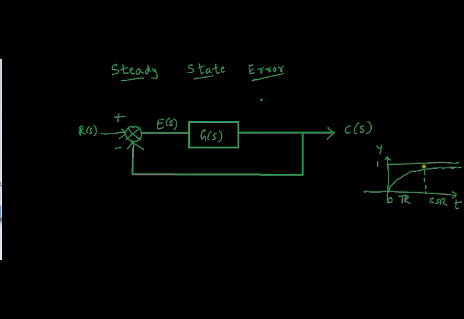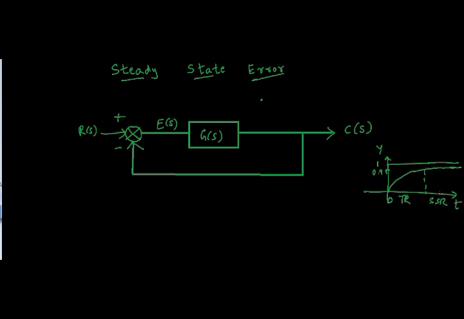However, it is not reaching the exact value of input. Say input is 1, however my steady state response graph shows that the output is up to 0.98. So the accuracy of a control system, or we can say the efficiency of a control system, can also be determined by its steady state response.